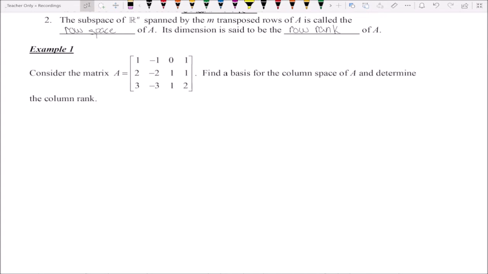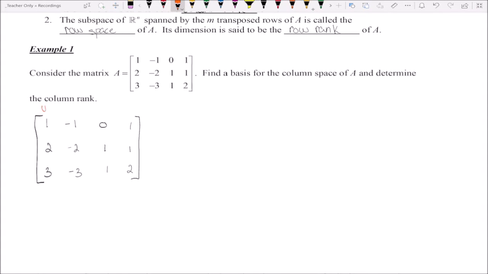Now, here's how we do it. Take the matrix. Now keep note that each column is going to represent a vector in the column space.